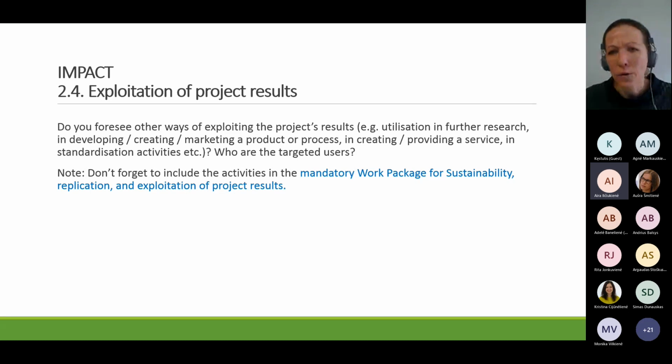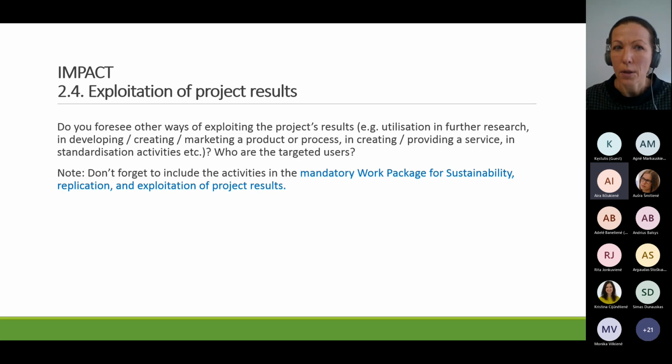And this also goes to a mandatory work package for sustainability, replication and exploitation of the project results. Those who have written LIFE projects in the past have already noticed that replication becomes more and more important in LIFE projects. We have to figure out ways to show that the project knowledge and approaches will be either transferred to a different sector or replicated in a different geographical context.